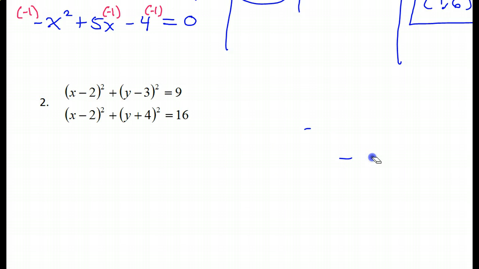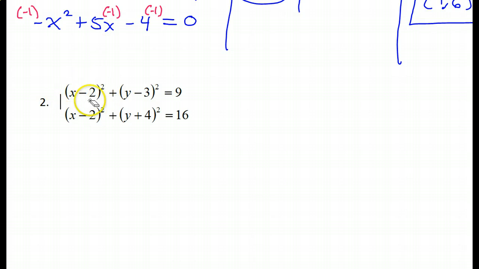Do you see anything that these two equations have in common? A whole term that they both have in common. I'm talking about this. Both equations have an x minus 2 squared in them. So because of that, it will be easier if we cancel these out. Here's what I mean.